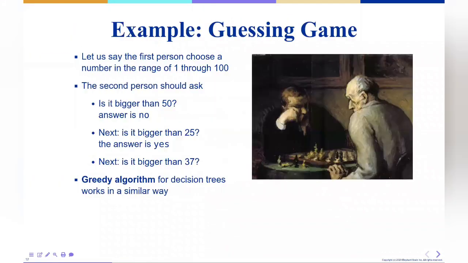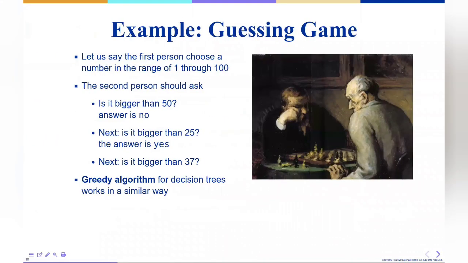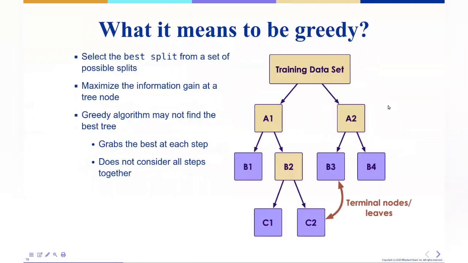Sorry, I'm jumping around a little bit, but I want to point this out. We talked about the greedy algorithm. Greedy means we're splitting recursively, and I only care about my own split. I don't care about the other splits at all. So, greedy. Now, how do we stop?